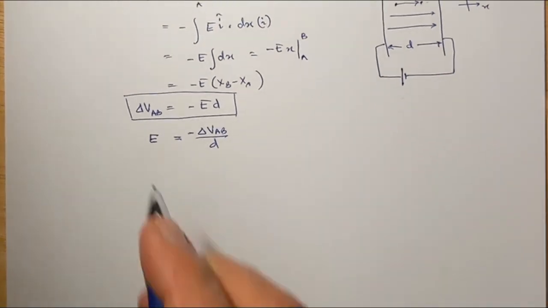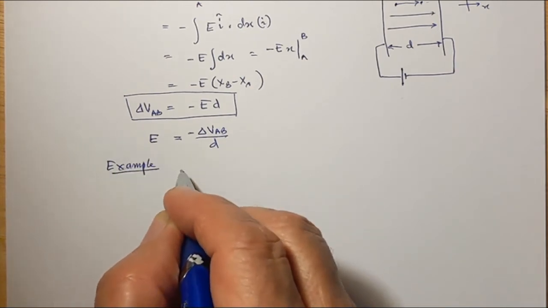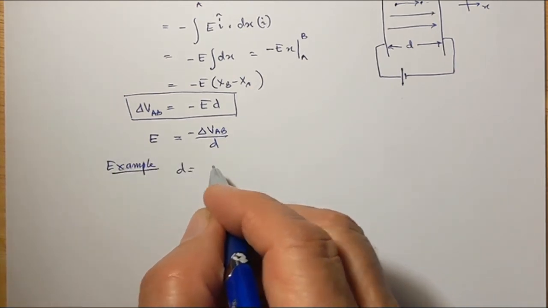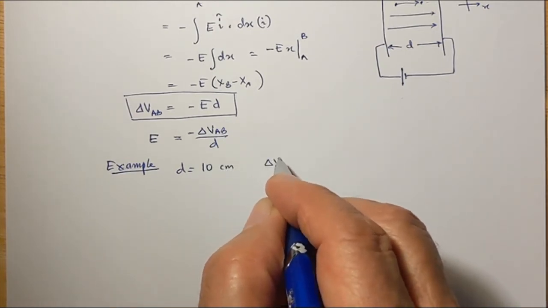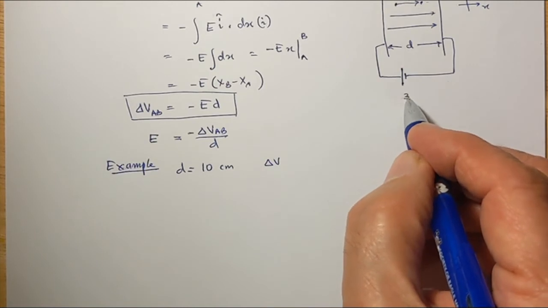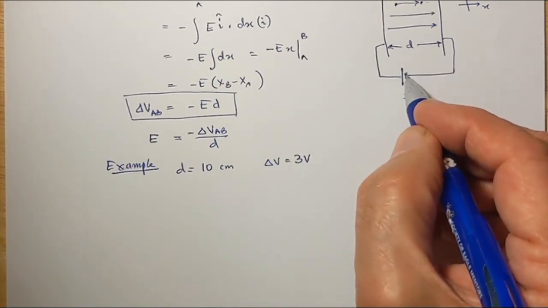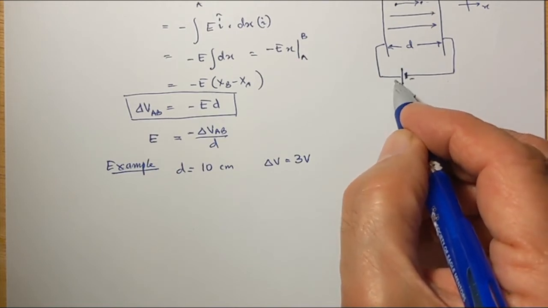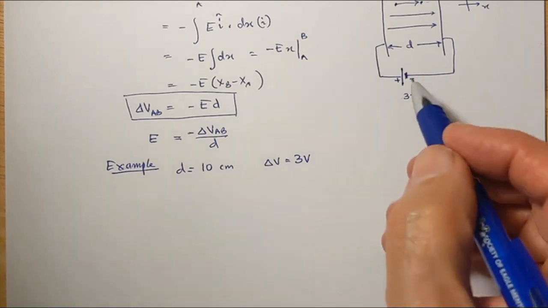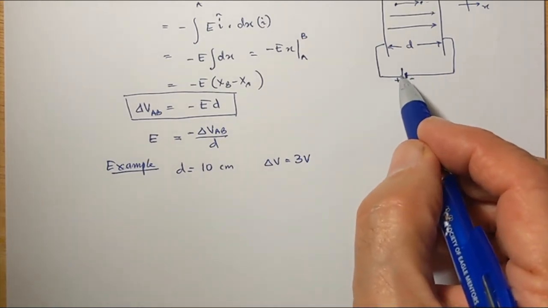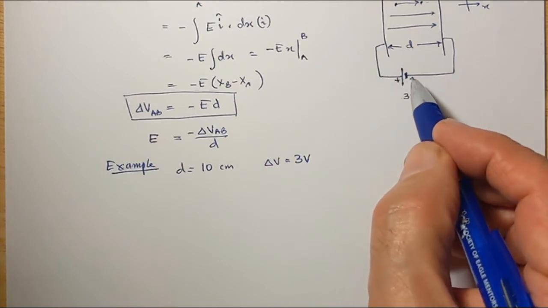So let's do an example, and we'll take the distance d as 10 centimeters, and we take the delta V, or the potential difference here, as 3 volts. The small one is always the negative, and that's the positive. The difference between these two is 3 volts. You can say that this is 0 and that's plus 3, or you can take them in any other way, but this would be plus 3 compared to that.